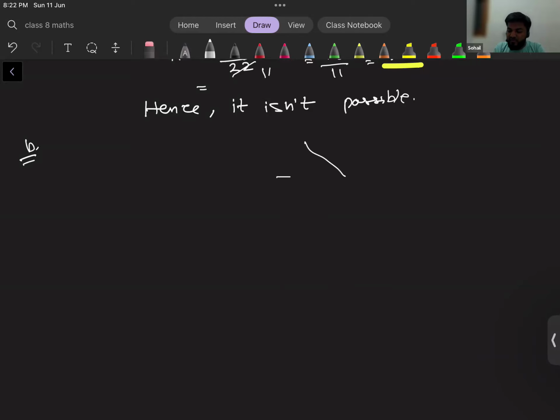For that polygon, if I assume the interior angle to be 22 degrees, then my exterior angle should be how much? It will be 158 degrees.